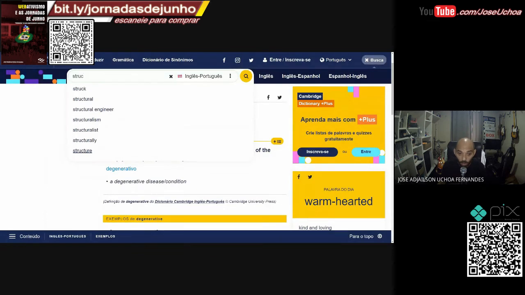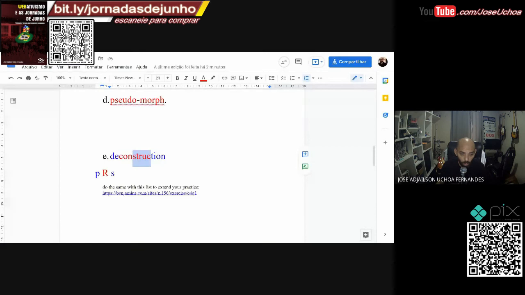So struct seems to be a morph, isn't it? Because we can derive it: structural, structuralism, structurally, structure. Okay, so let's consider struct as a morph.